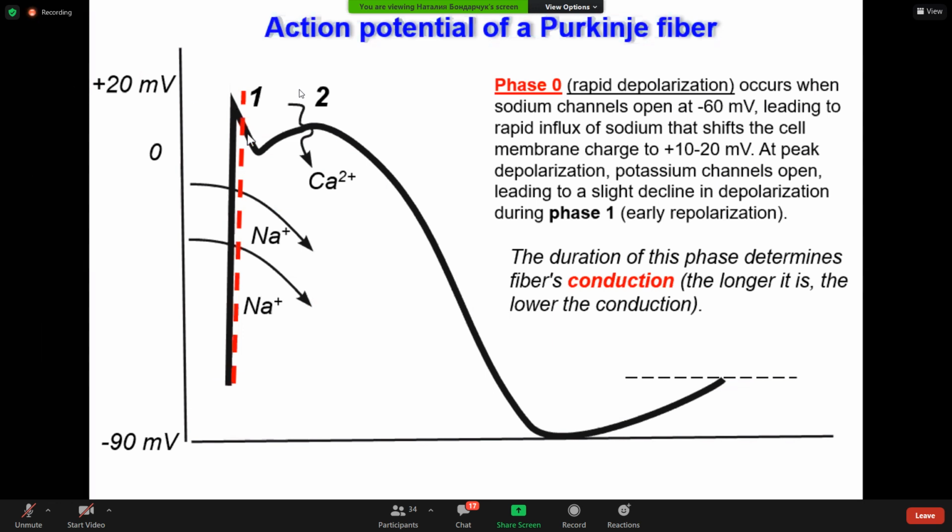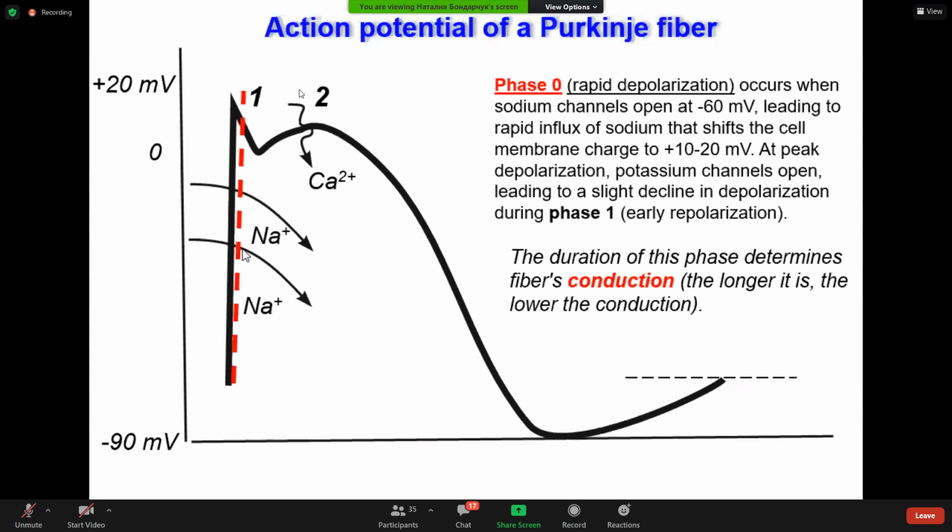So, early repolarization. The duration of this phase determines fiber's conduction. The longer it is, I'm speaking about the zero phase, so we are speaking about conduction.